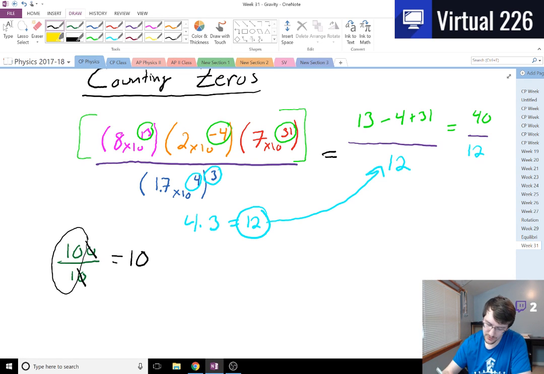So if 40 of these zeros are in the numerator and 12 are in the denominator, 12 of the zeros in the numerator are going to cancel out.